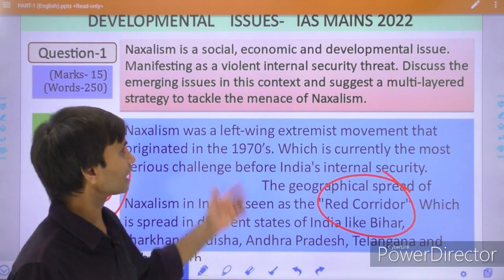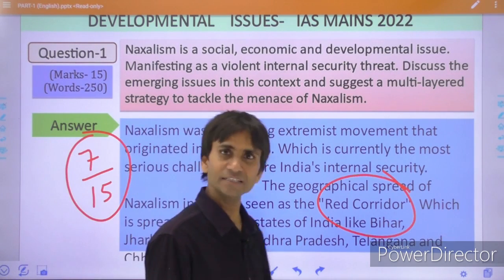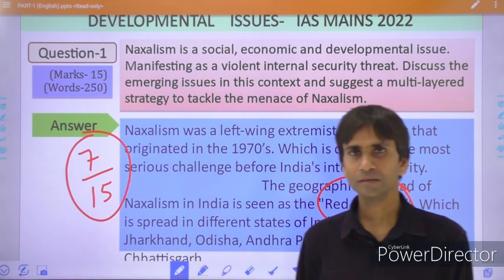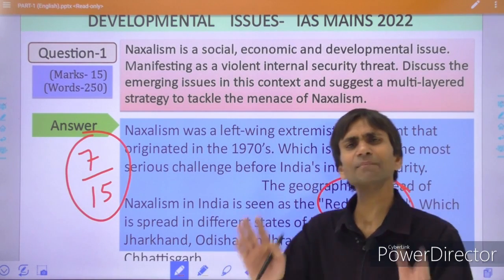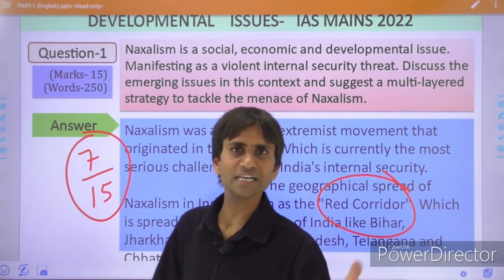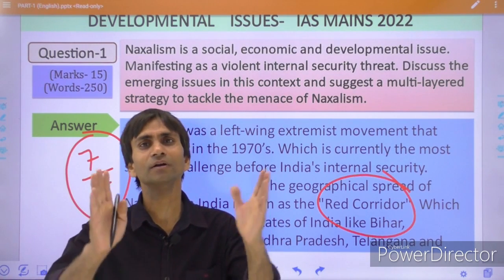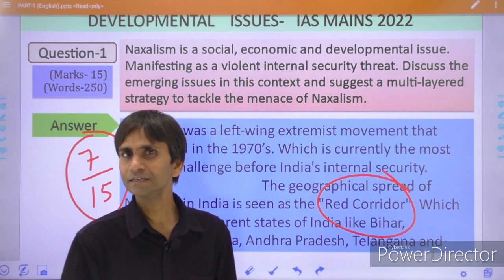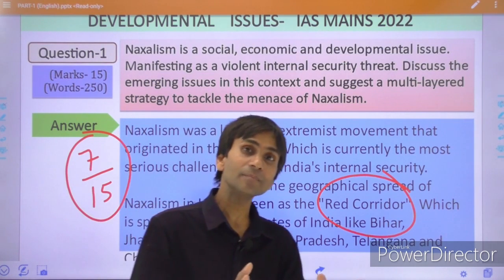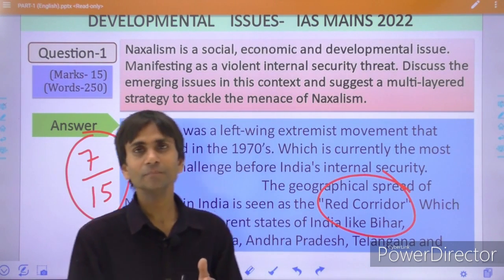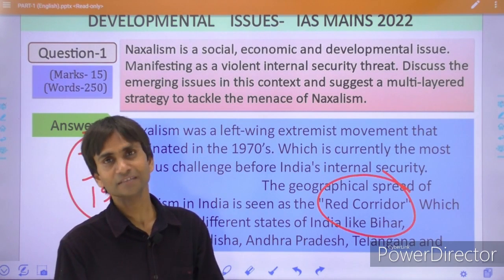Okay, on the last part, a multi-layered strategy to tackle it. Definitely, because Naxalite people reside in different states of the country, and according to the constitution, maintaining law and order is the responsibility of the states, but states do not have modern weapons or technologies against them.